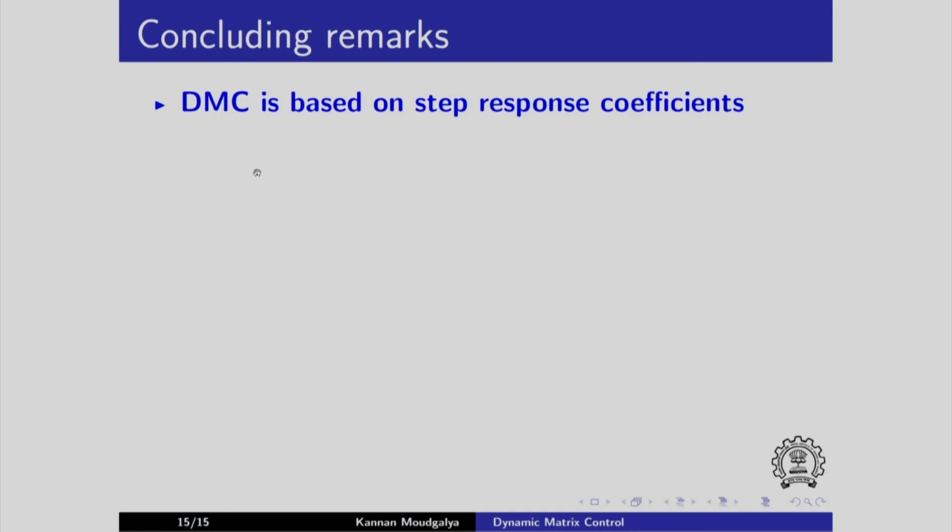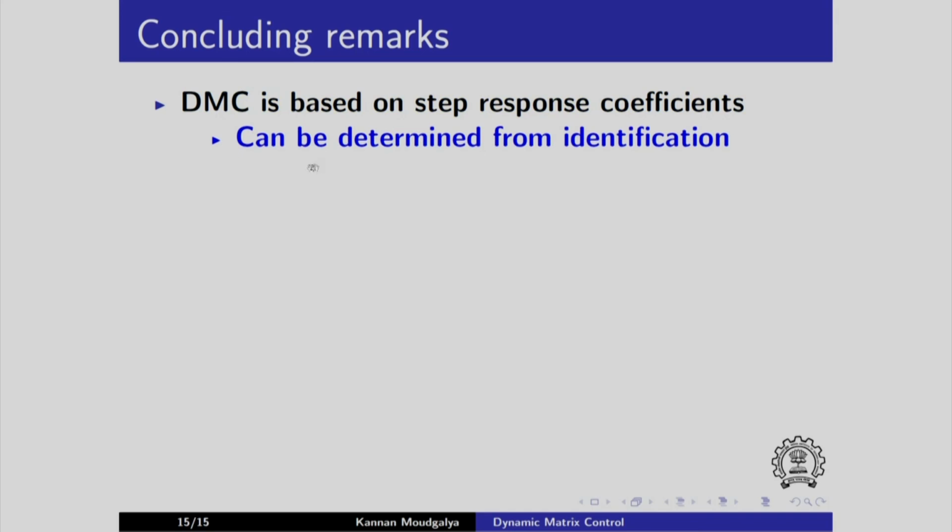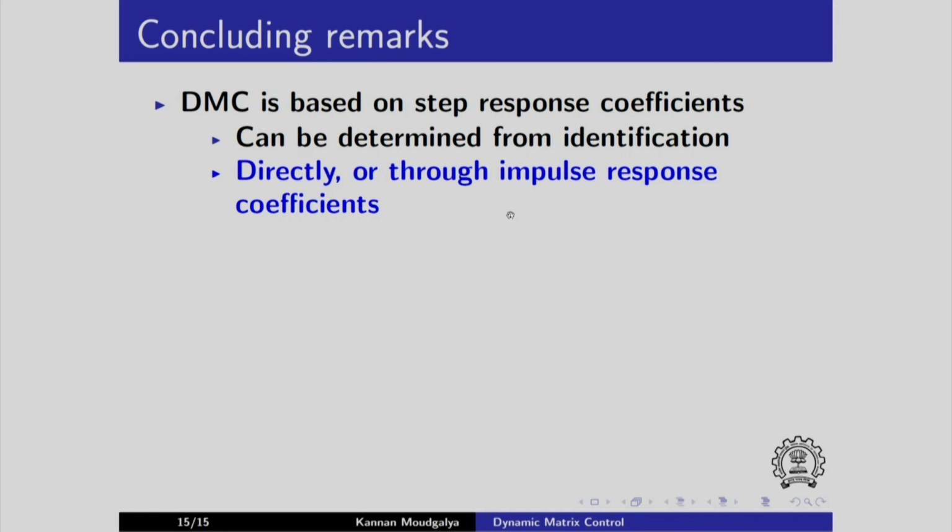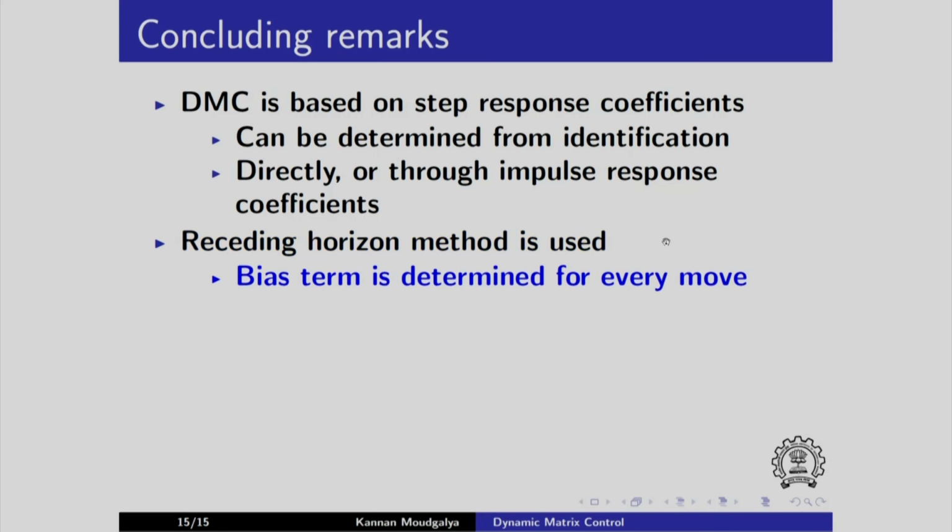To conclude, DMC is based on step response coefficients, which can be determined from identification either directly or through impulse response coefficients. We saw this in one of the earlier weeks where we described the identification method. We use receding horizon method in MPC, model predictive control.